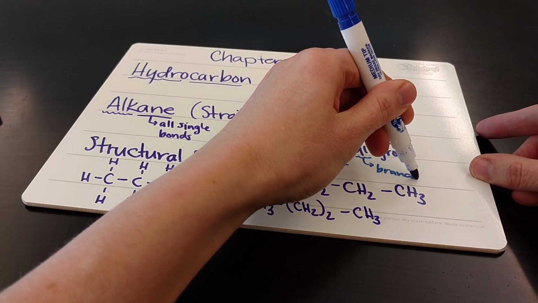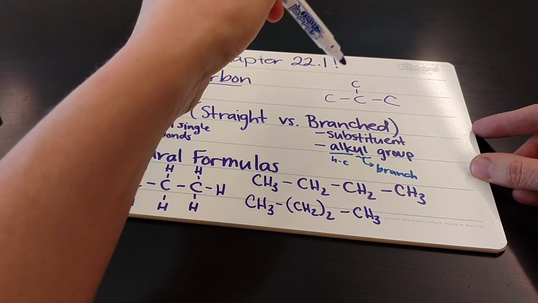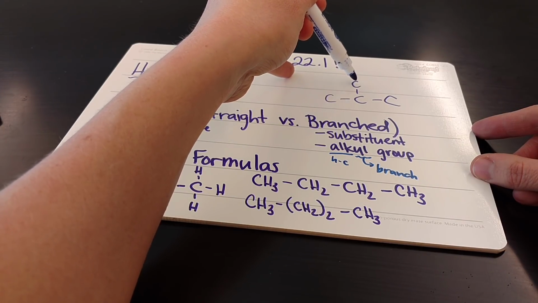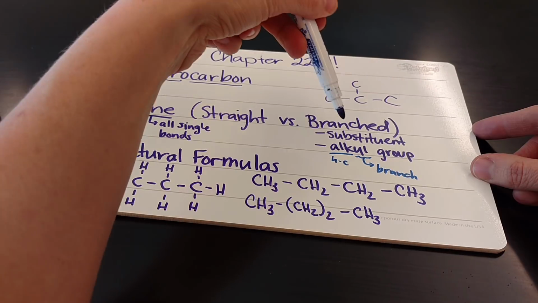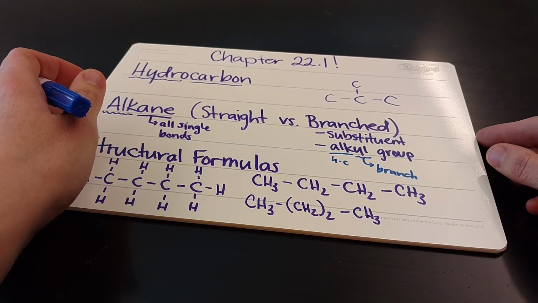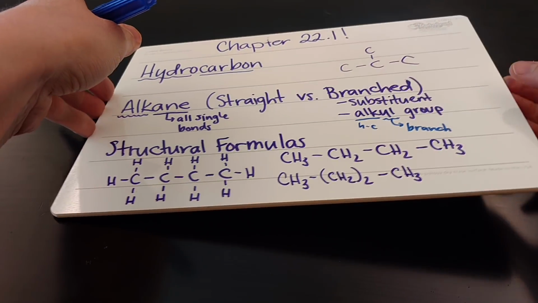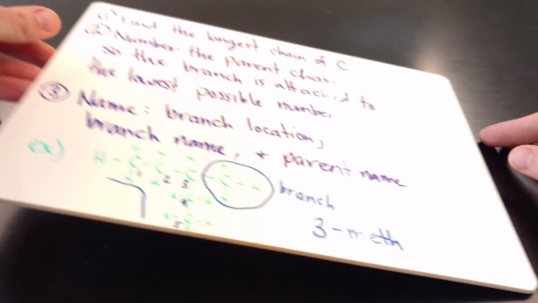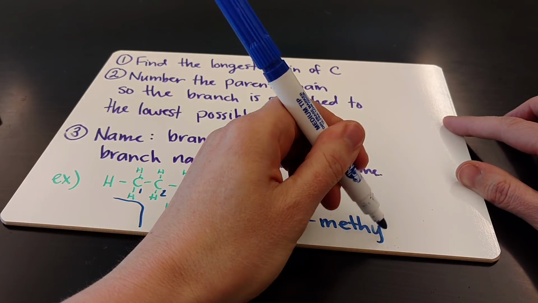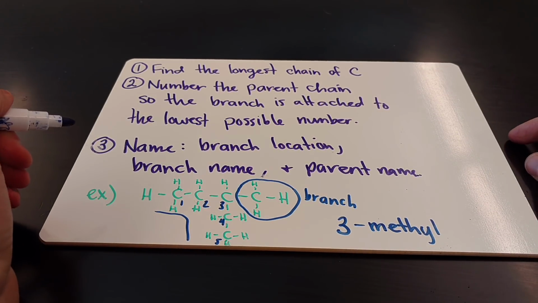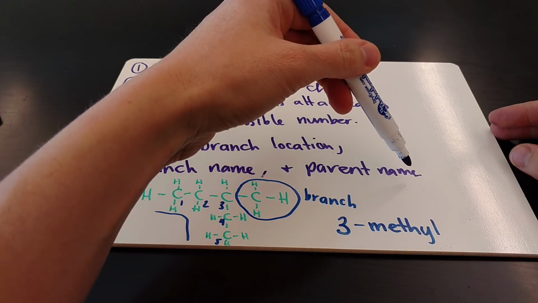It has taken the place of a hydrogen somewhere on the molecule. So instead of a hydrogen filling up this carbon's bonds, we have a branch, and that's an alkyl group. It's a substituent, a type of substituent. Okay? But because that YL means branch, when we name our branch, it's going to have that YL on the end. So 3-methyl.